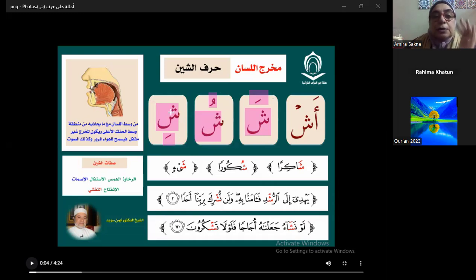She, she, ash: first the middle part of the tongue towards the hard palate, and then the kasra. Kasra is also the middle part of the tongue, but I'm going to lower the lower jaw. She, she, she.